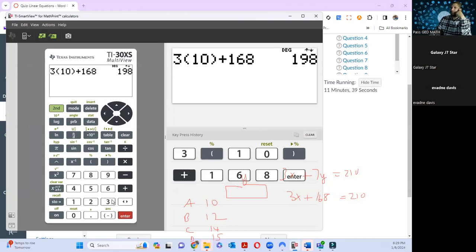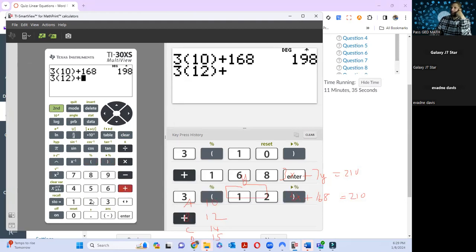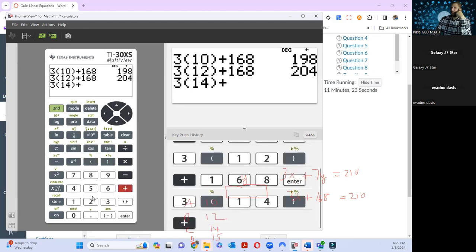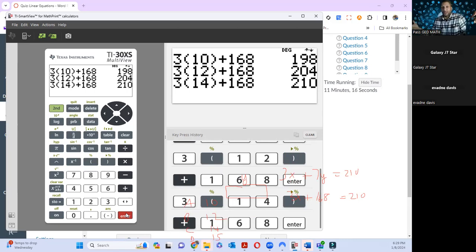No. Go to the next multiple choice. 3 times 12 plus 168. Did I get 210? No. Go to the next multiple choice. 3 times 14 plus 168. Did I get 210? Yeah. So now I just figured out how many children's tickets I sold, 14, without solving for x.